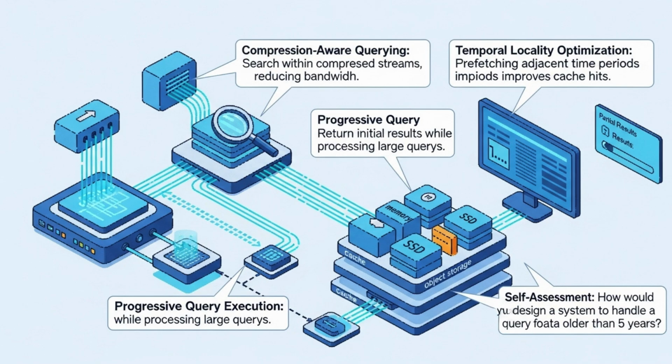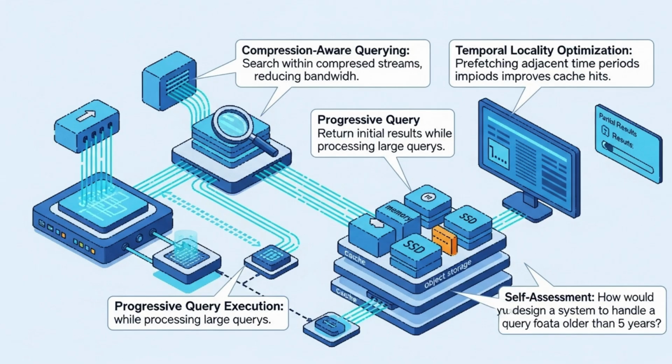This dramatically reduces bandwidth and processing for large historical queries, often by 80%. Next is temporal locality optimization. Users often query data from the last month, then immediately need data from last week. Recognizing this, the cache intelligently prefetches adjacent time periods, significantly improving cache hit rates in production.